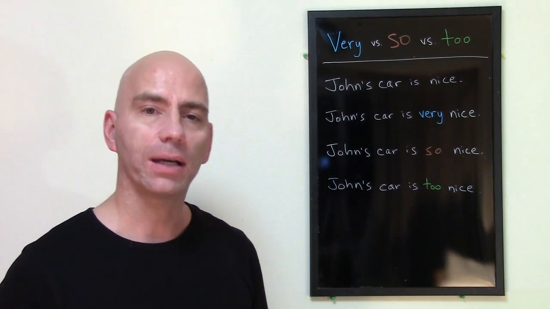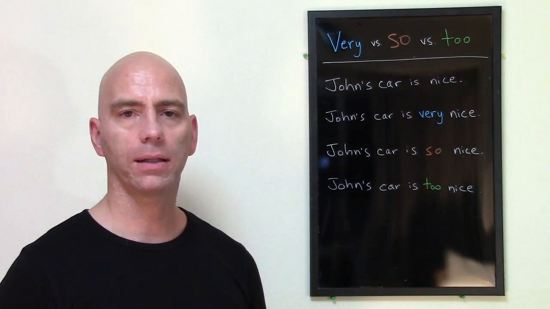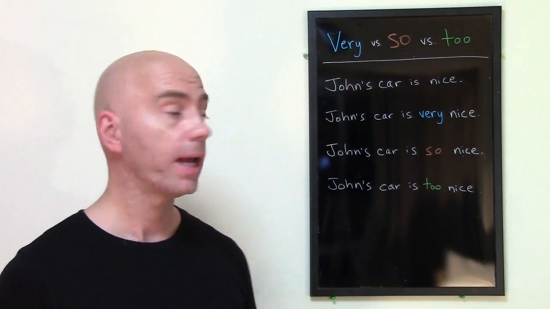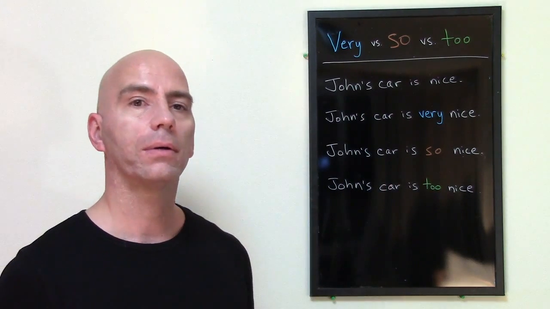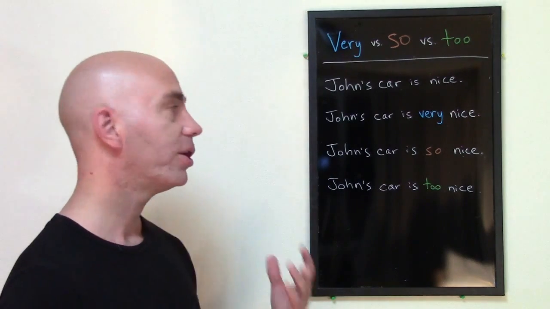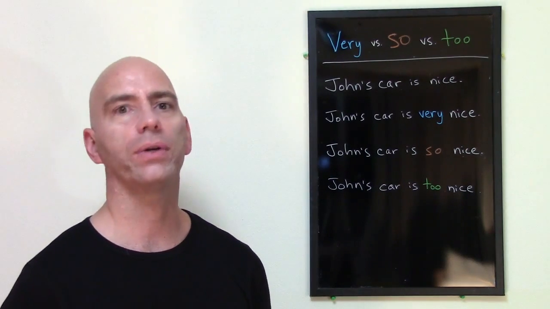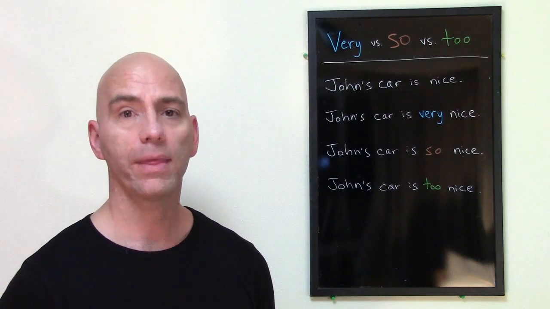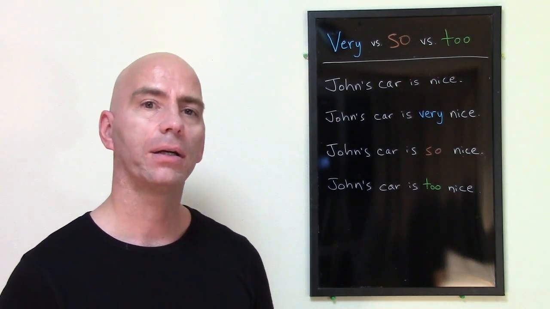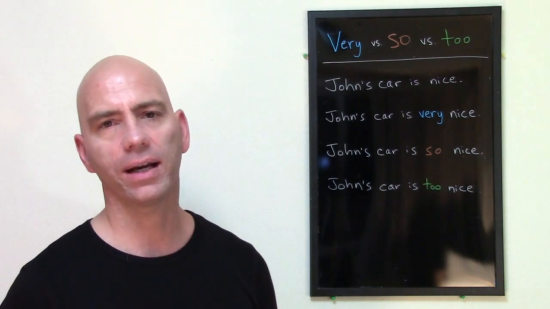The reason is because if I speak like this, then there is no emotion in my voice. And the word so is an emotional word. So if I say, John's car is so nice, that matches the emotion in my voice.